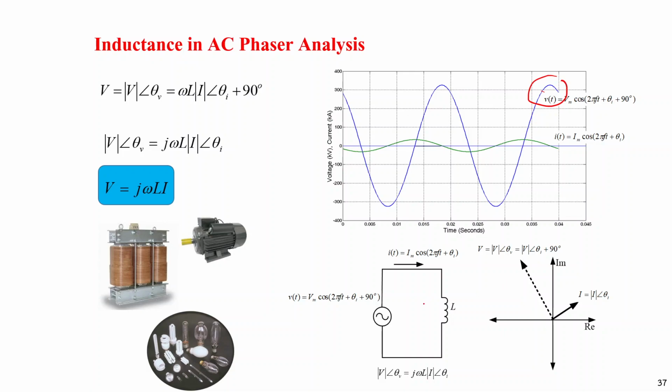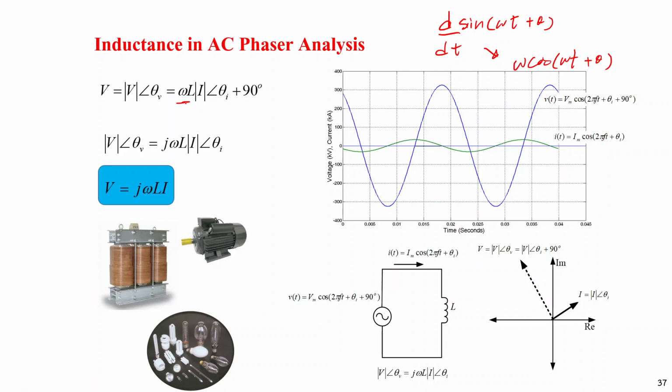But if we supply voltage to an inductive load, the current will shift phase by 90 degree, right? So in this case, when we differentiate sine omega t plus theta by dt, what happened? We get cos omega t plus theta, and omega will be there, right?